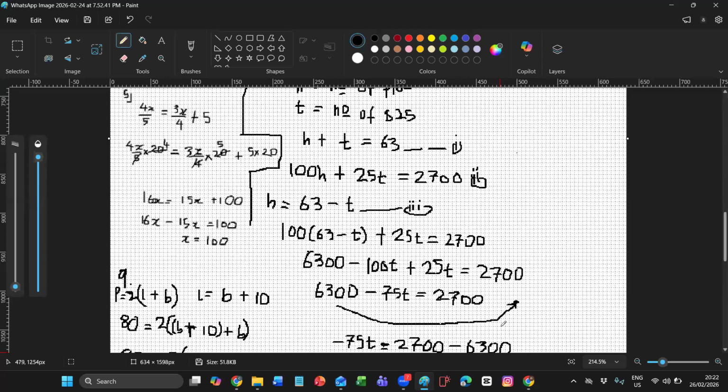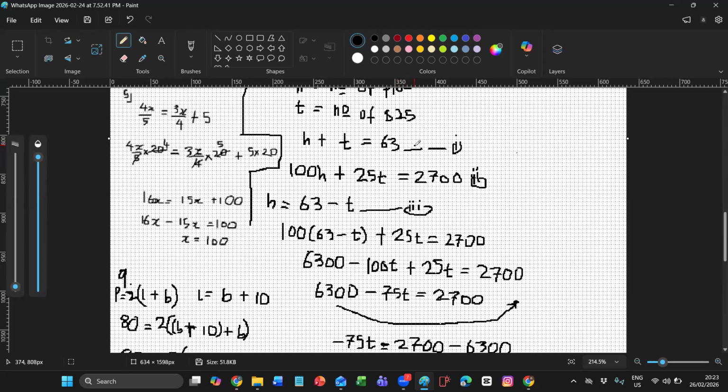Let me just show you how. I'm not going to solve it because of time, but I'll show you what I would have done if I wanted to do elimination. First off, I can already see I have 100H in equation 2. What I would have done to equation 1 was multiply it by 25, which will help me eliminate T. But the problem now is that I'll have to contend with 63 times 25.